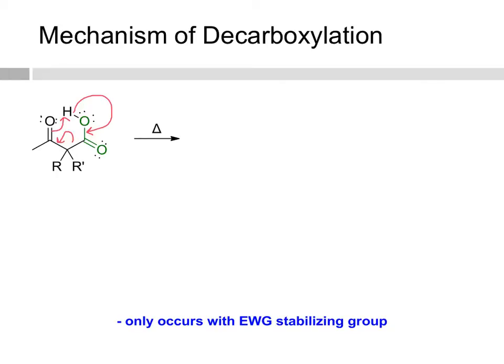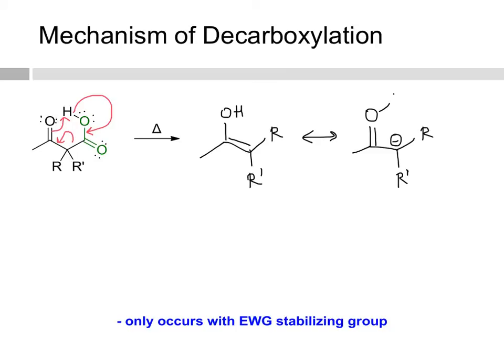And so our intermediate is this enol, and we can draw the resonance form, which has the negative charge localized on this carbon.